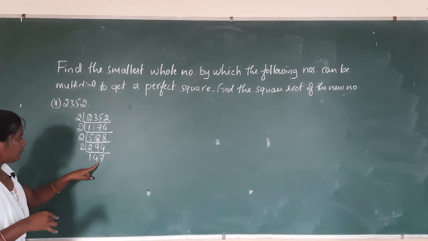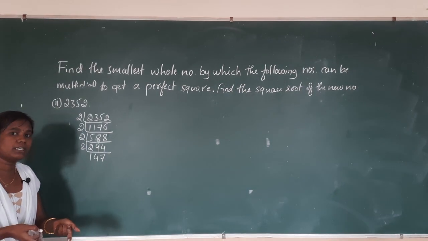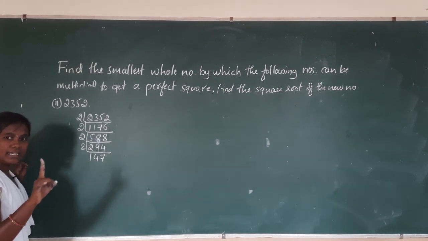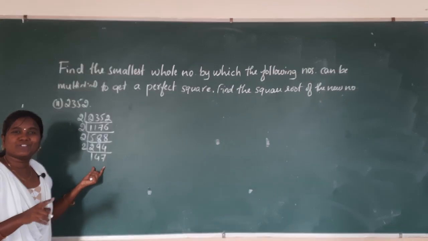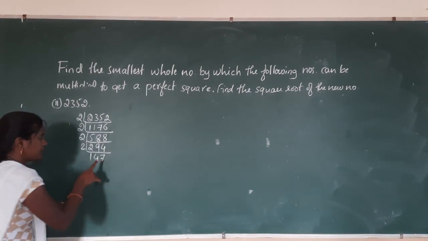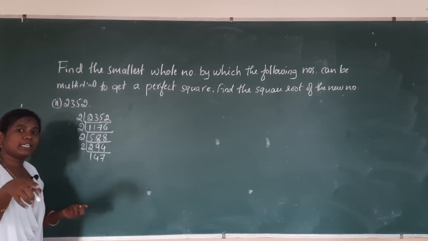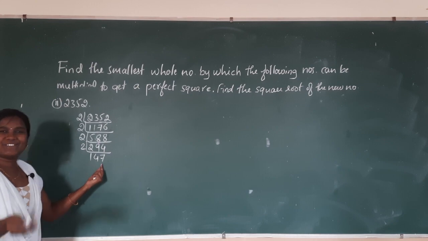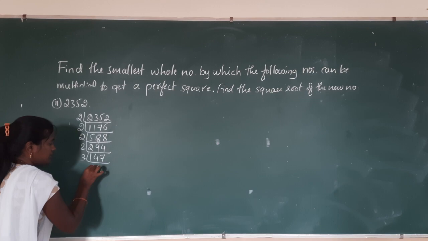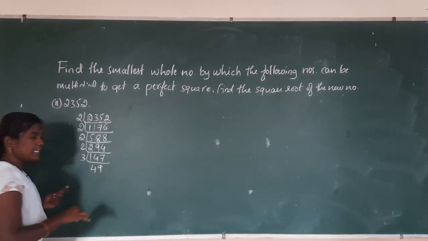2 7s are 14. See, 147 is there, it is not divisible by 2. So the next smallest prime number is what? It is 3. Divisibility rules we have to use: 7 4 11, 11 plus 1 is 12, and 12 is divisible by 3. Therefore, 147 is divisible by 3. 3 4s are 12, 2 left, 27, 3 9s are 27.